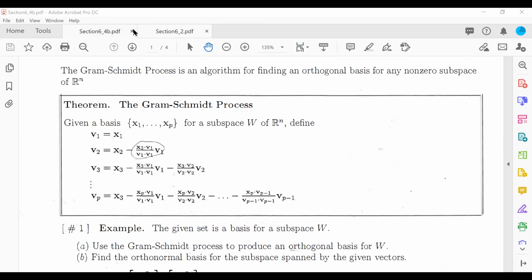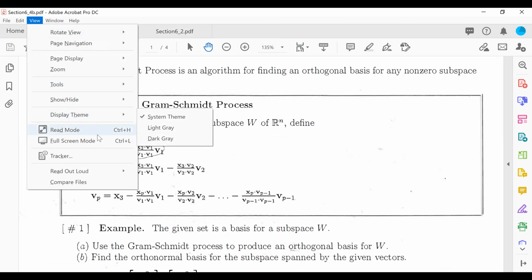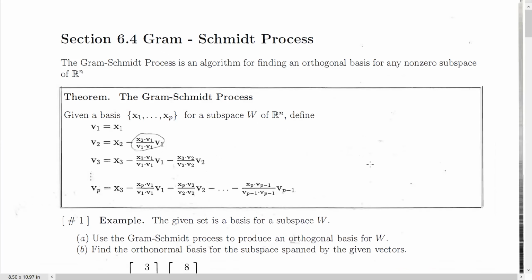All right, if we go to section 6.4, we have a theorem for the Gram-Schmidt process.